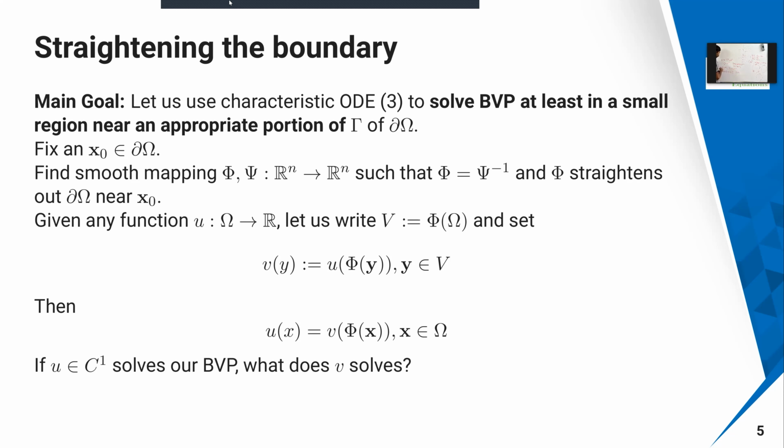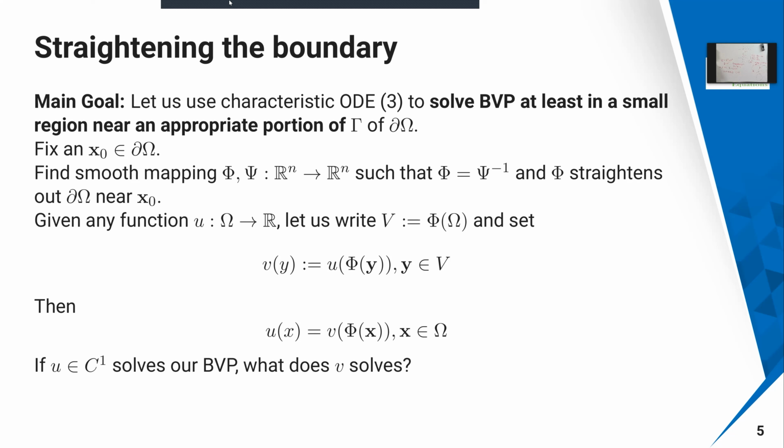Since pi and psi are mappings from R^n to R^n, in this domain I define V of y as u of pi of y, because pi of y lies in omega.